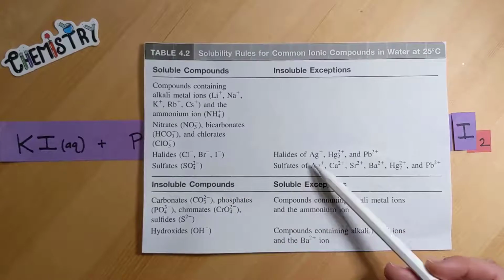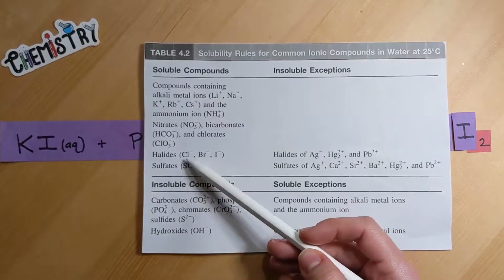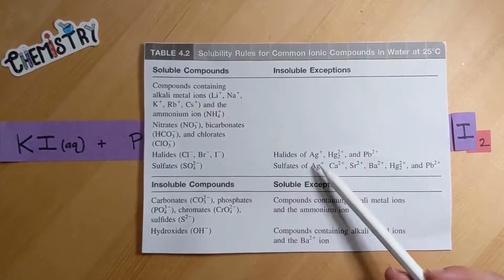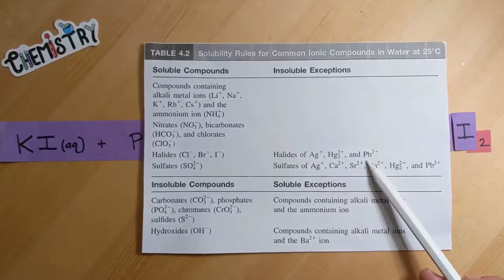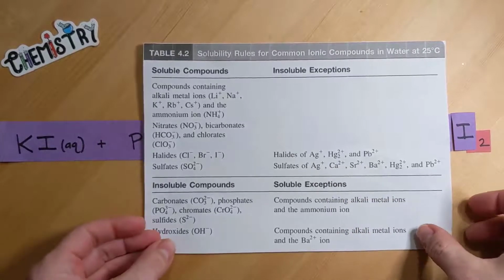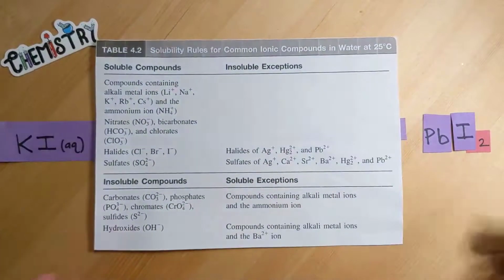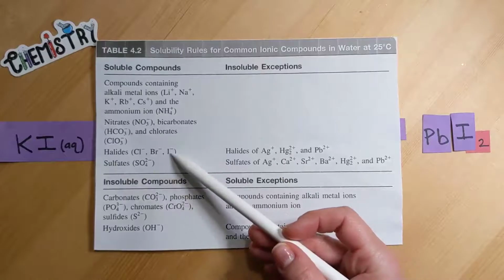However, this one has 3 exceptions by it. A halide, so iodine, is normally going to be soluble unless it's bonded to Ag, mercury, or Pb. Well, if we take a look at our product, we can see it is bonded to Pb, which means this is an exception.